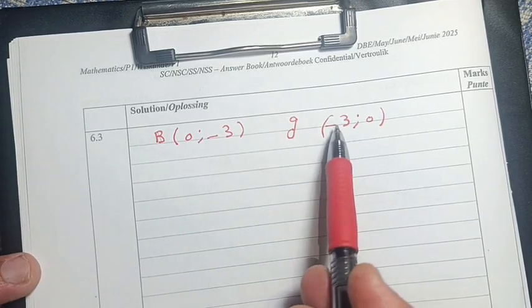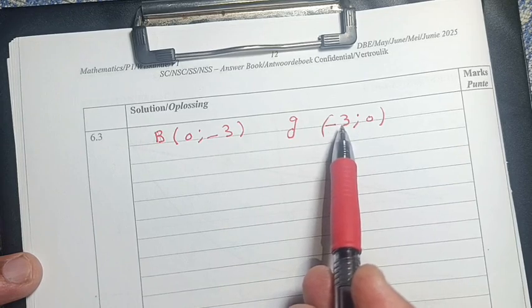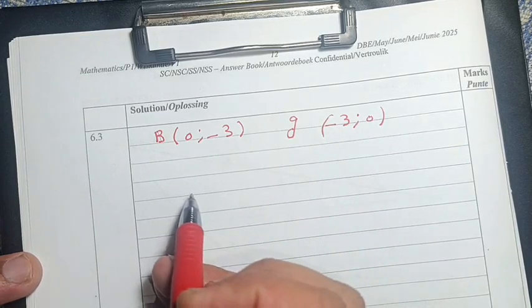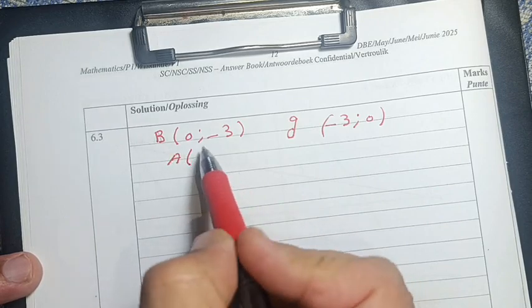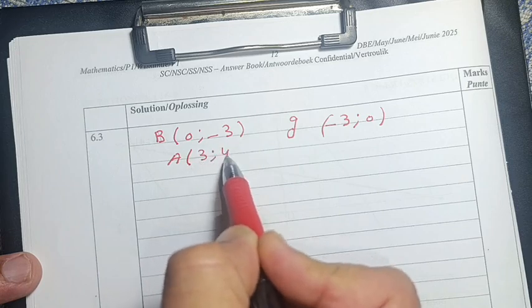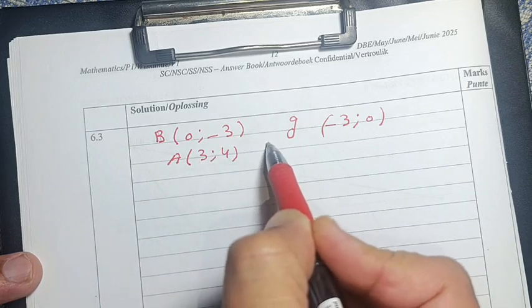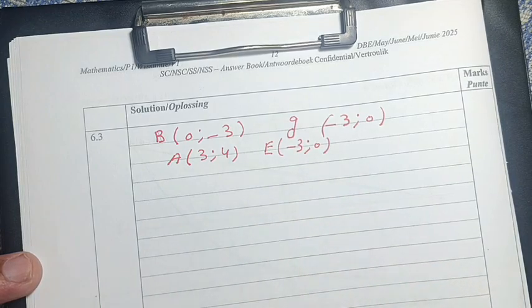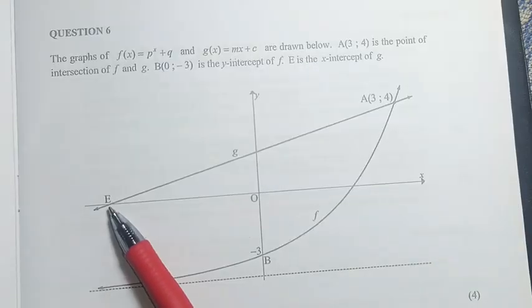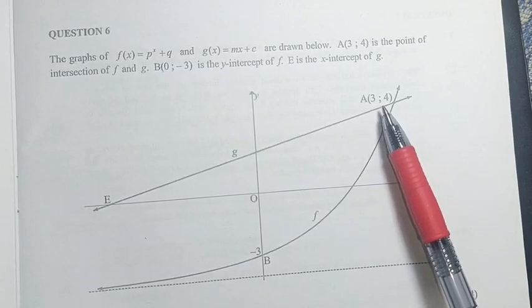Now that is your point E, right? So now we have two points: A, which we already have as 3 and 4, and E, which is -3 and 0.